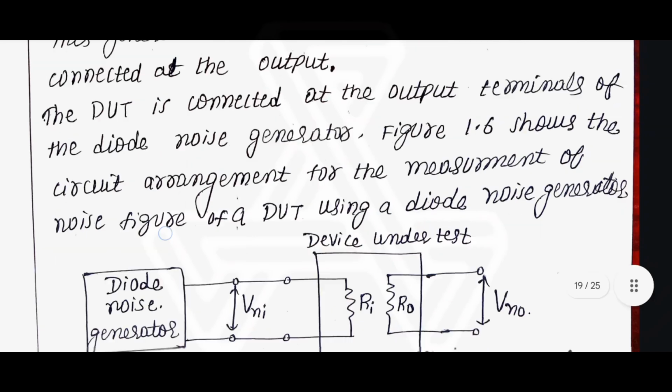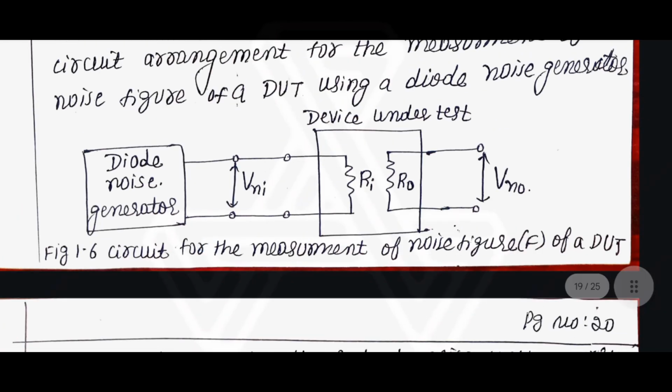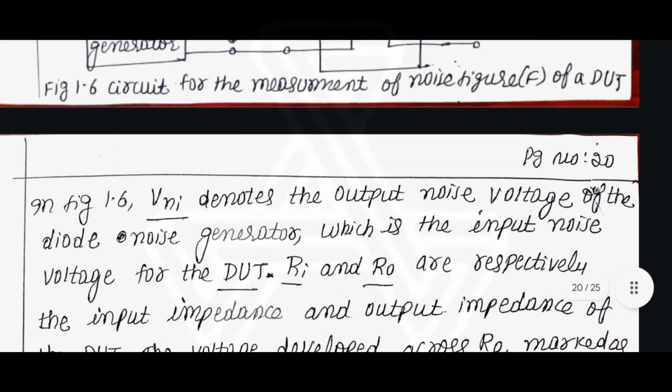Device under test. Diode noise generator. Circuit for the measurement of noise figure of the DUT.